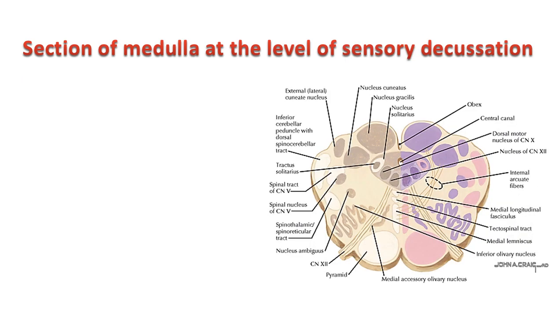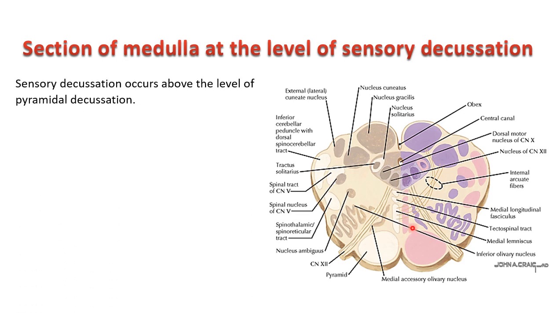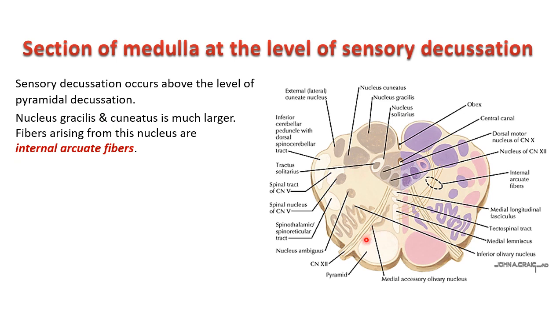Next, coming to the section of medulla at the level of the sensory decussation. You go a little bit higher, and you see the level of sensory decussation. One more decussation is going to take place, above the level of the pyramidal decussation. That is why now you are able to see the pyramids as a solid mass of white matter.